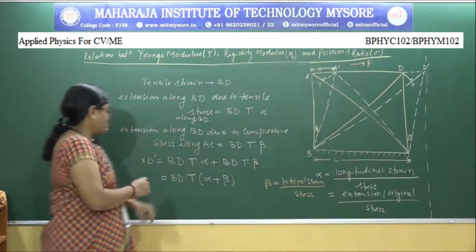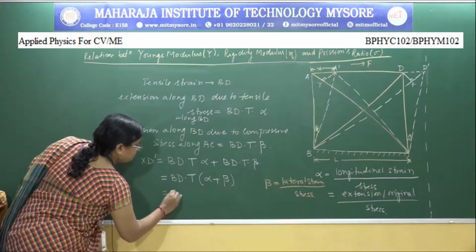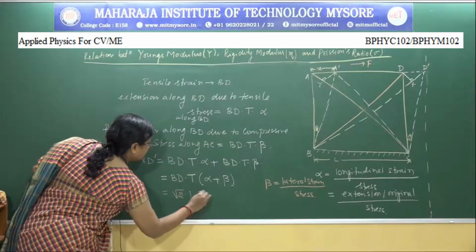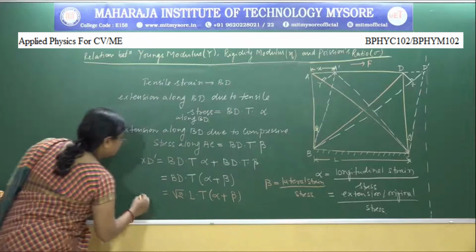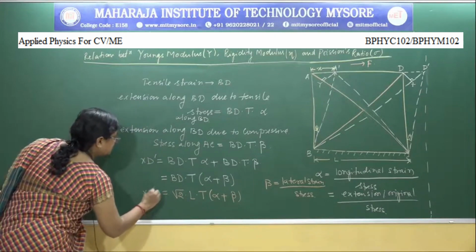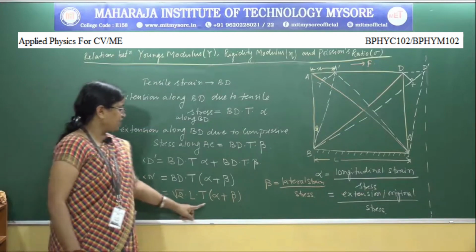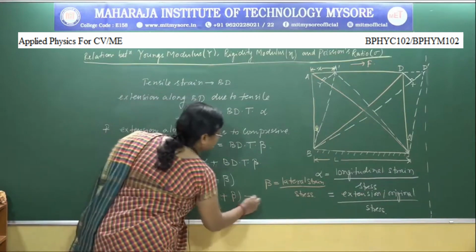I have explained this in my previous derivation. So what we get here, BD equals root 2 L T alpha plus beta. The value of XD dash is equal to root 2 L into T into alpha plus beta.